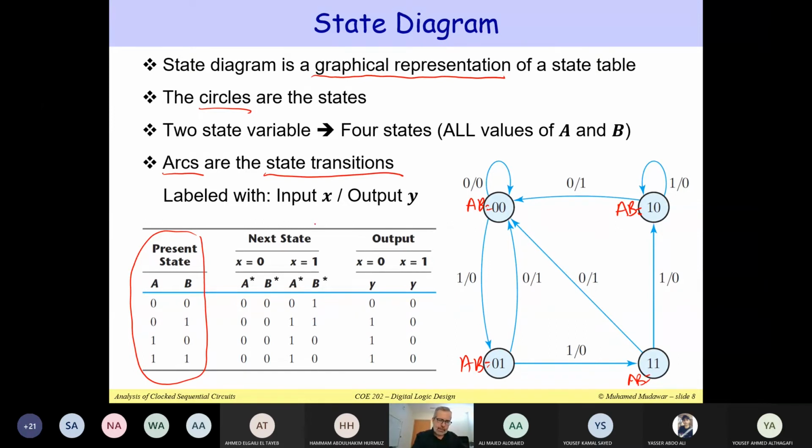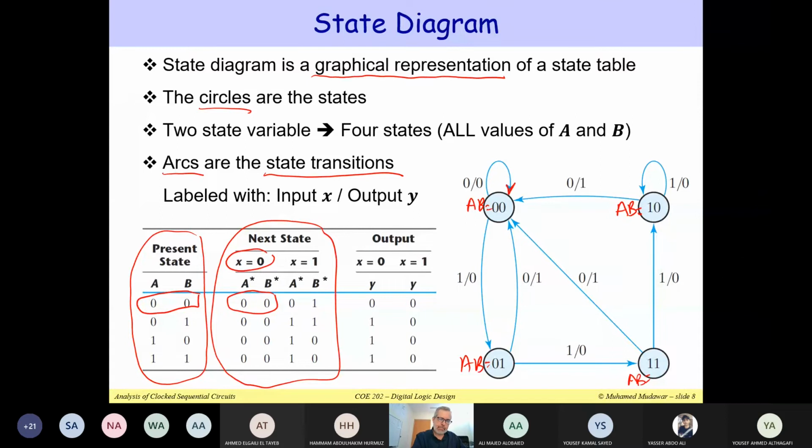So you look at the next state. The next state here will define the transitions between these states. Let us start here at state 0, 0. Now, if X equal to 0, then the next state will be 0, 0. So you can see that we have a transition from state 0, 0 back to itself.